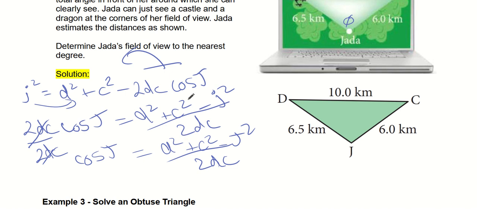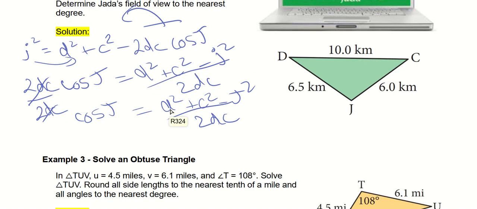And if I drop my numbers in, you will see that I get, okay, what is d? d is 6.0 squared plus c squared is 6.5 squared minus j is 10.0 squared.